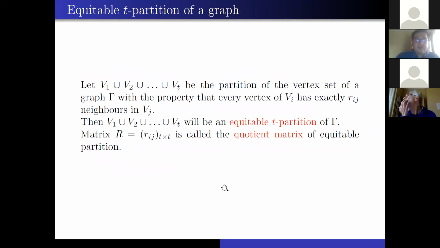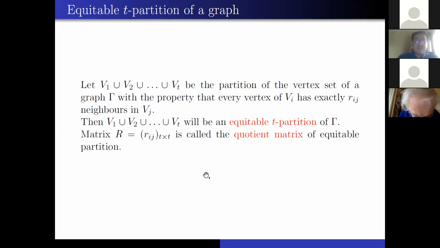So a little talk about equitable partitions. Let V1, V2, and so on Vt be a partition of the vertex set of a graph gamma, with the property that every vertex of Vi has exactly Rij neighbors in Vj.